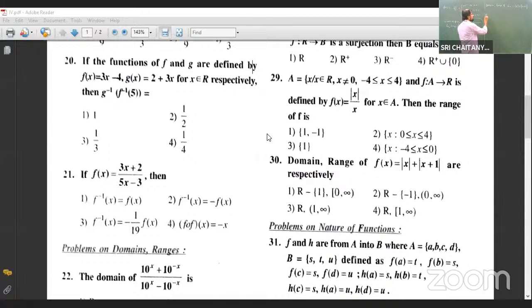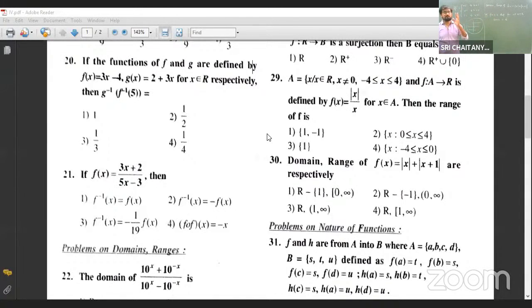See the solution. f(x) is defined for all x belongs to R. Therefore, the domain of this function is R, because you never get infinity in that function.